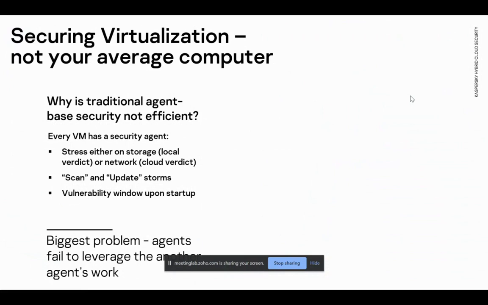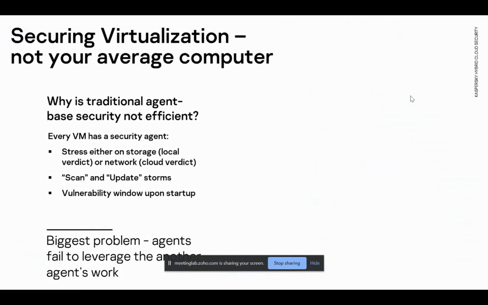In such scenarios, if you use the traditional agent-based security, every agent puts some stress on either storage or the network. Every agent updates and scans whenever they deem appropriate, usually at the same time, for example 9 a.m. or 1 p.m. lunch time, and it can generate scan and update storms.